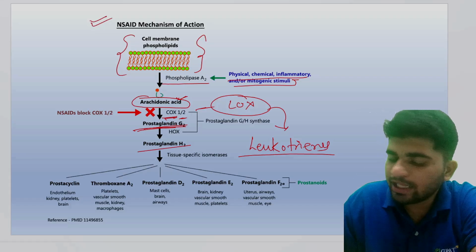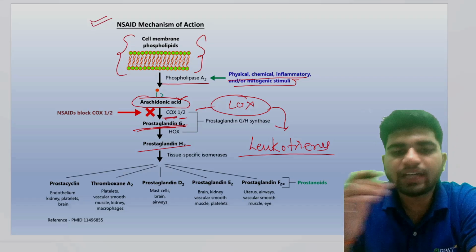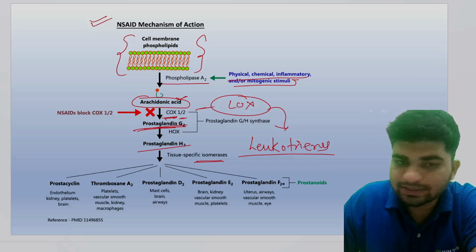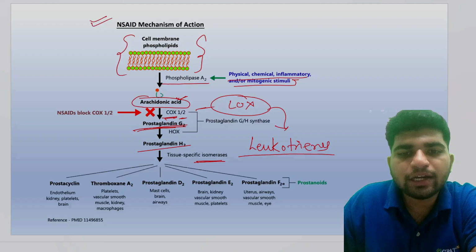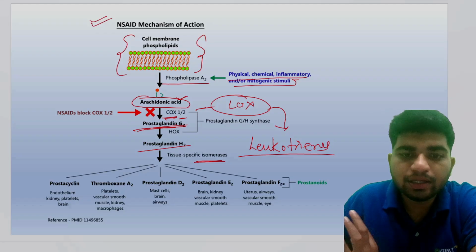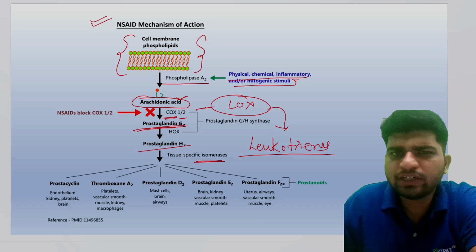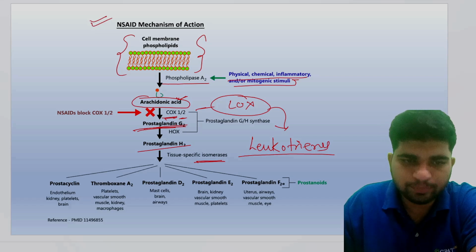Prostaglandin H2 converts into different types of prostaglandins because of isomerases. They are structurally similar, but they have different actions on different parts of the body.